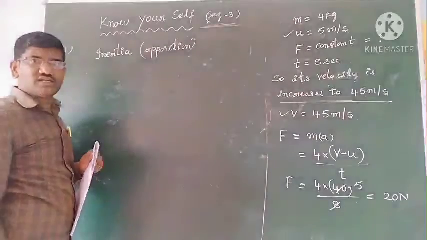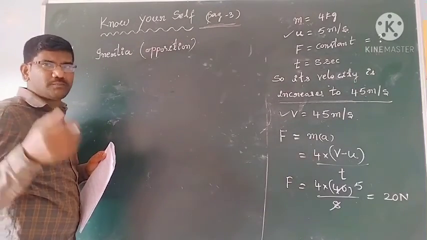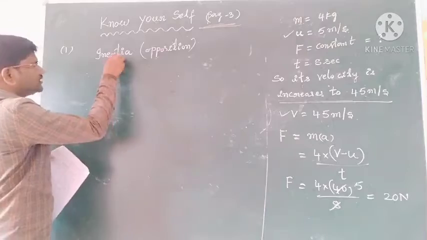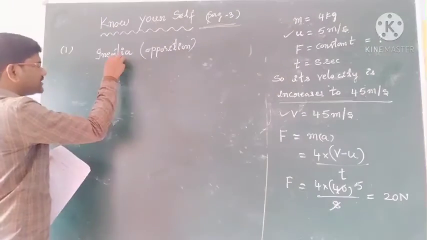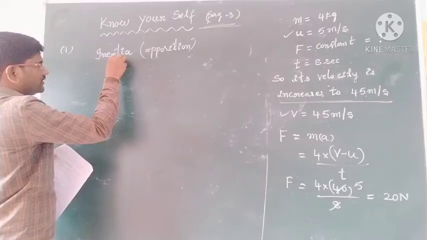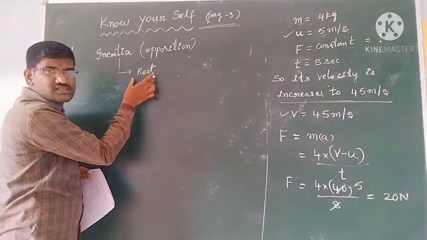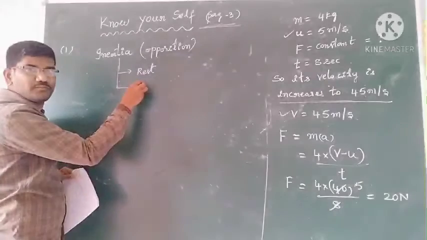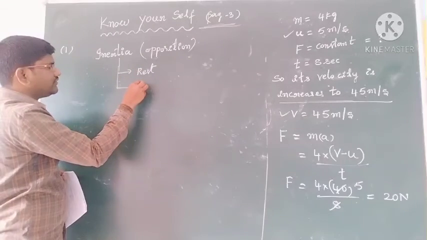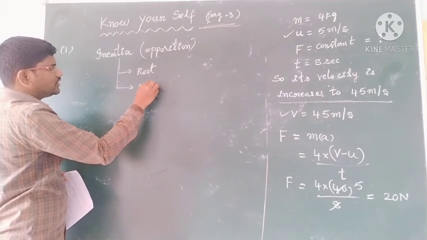So inertia is opposition or the unwillingness to change the present state, it opposes to change that present state. That present state is at rest. It opposes by itself to change its state of rest, and it opposes by itself to change its state of uniform motion.